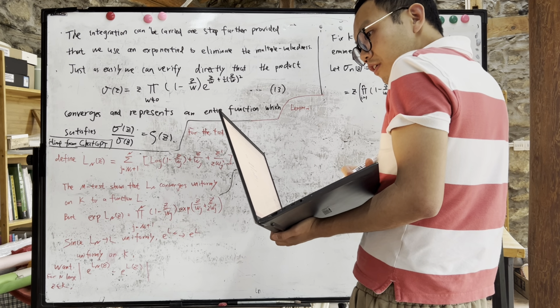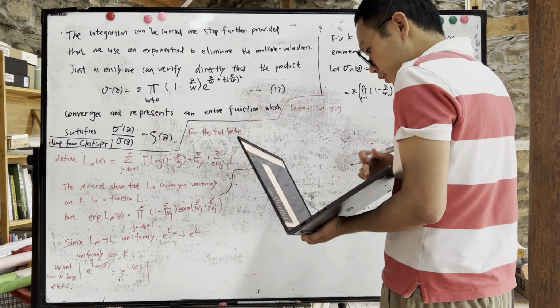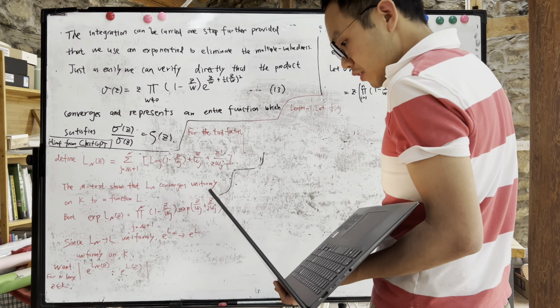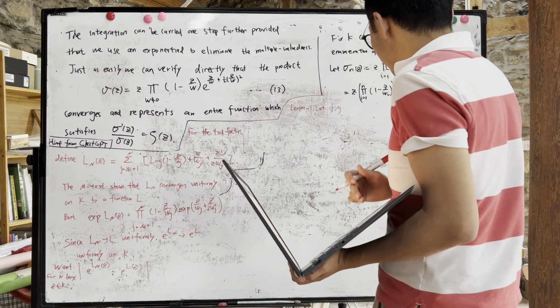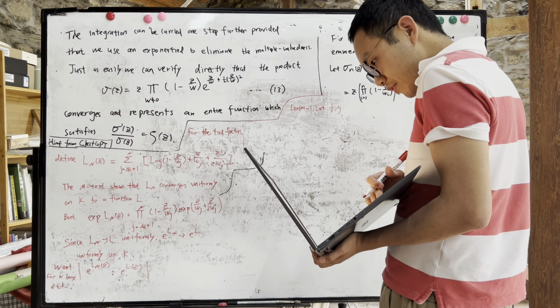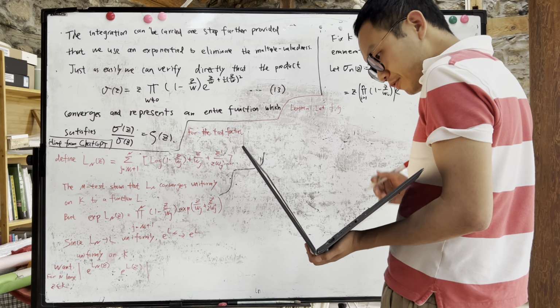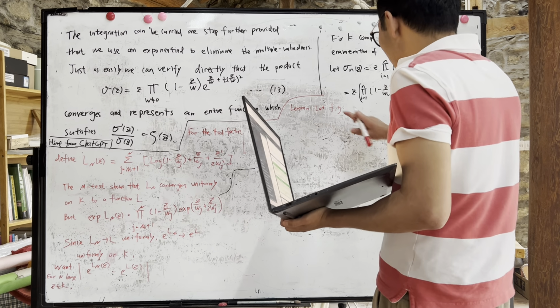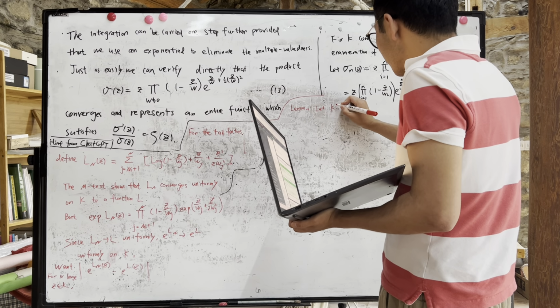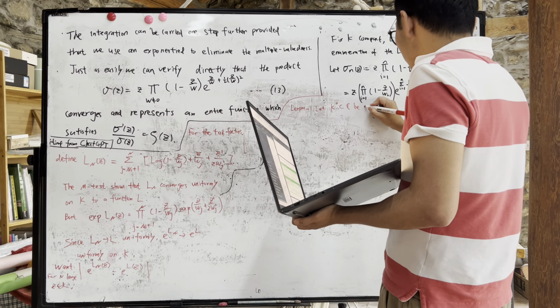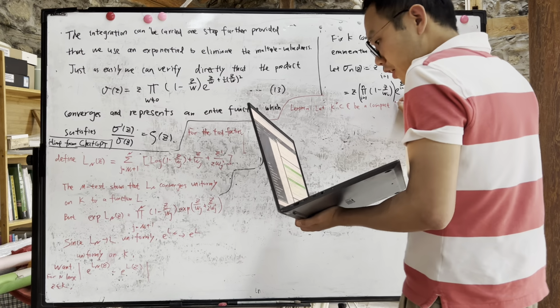Let K star in C be a compact convex set.